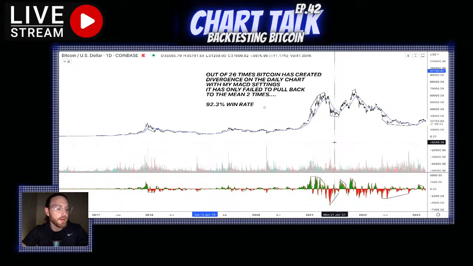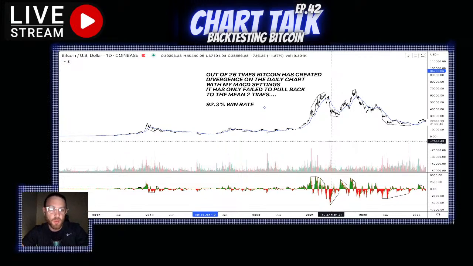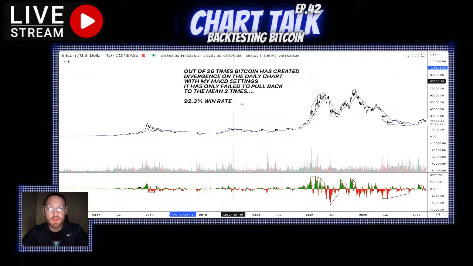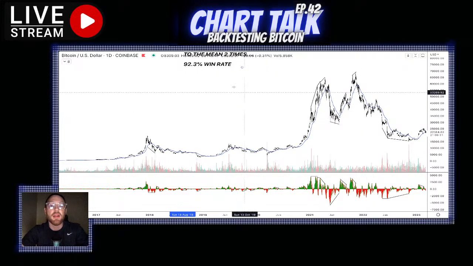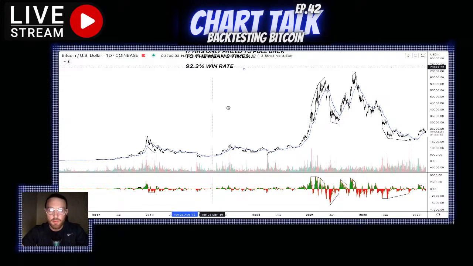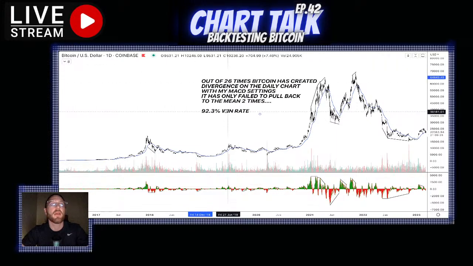It is not necessarily the strategy you might want to look for day trading. Maybe not. But it is a very good long-term strategy that gives you that pullback to the 50 EMA 92% of the time.